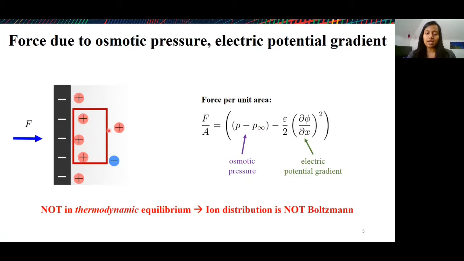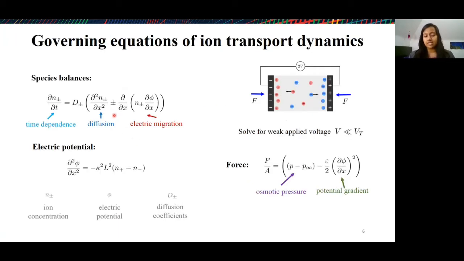So to figure out what the ion distribution looks like, we go to our ion transport model, which is basically the Poisson-Nernst-Planck equation with our species balances and electric potential balance. Here, the species balances are conservation equations for the ion concentrations N plus and N minus. On the left-hand side, we have a time-dependent term, which is how these ion concentrations vary with time.